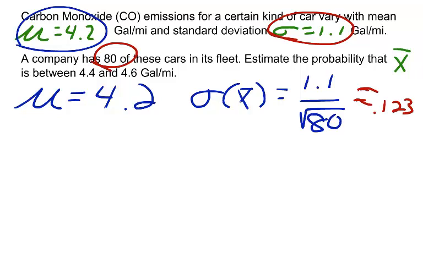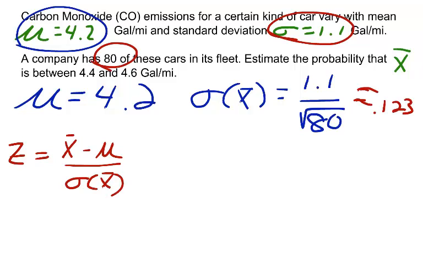Now we need to determine the probability that our sample mean is between 4.4 and 4.6 gallons per mile. In order to do that, I need to find the z-score associated with 4.4 and the z-score associated with 4.6. Keeping in mind that z is equal to the sample mean minus the population mean divided by our standard error.